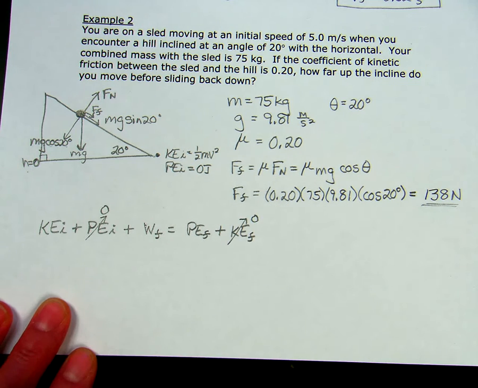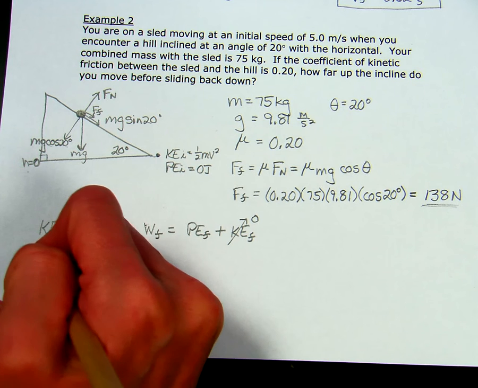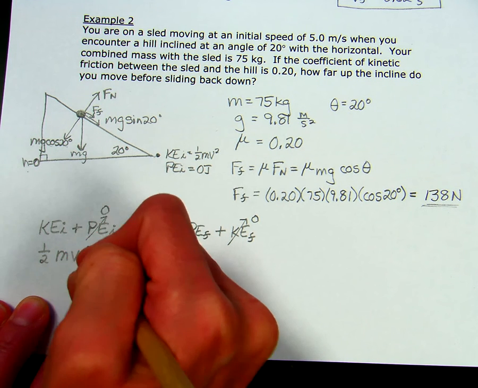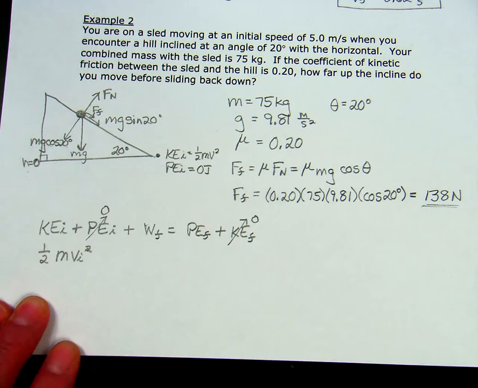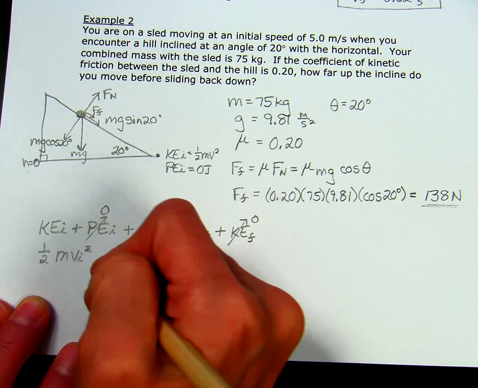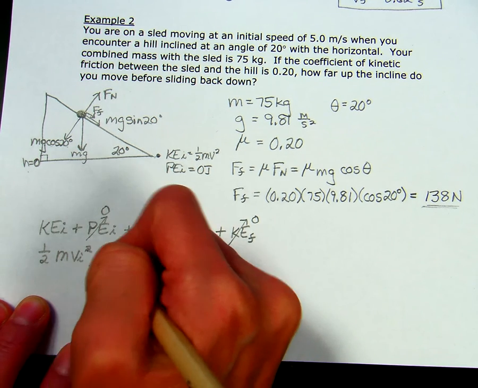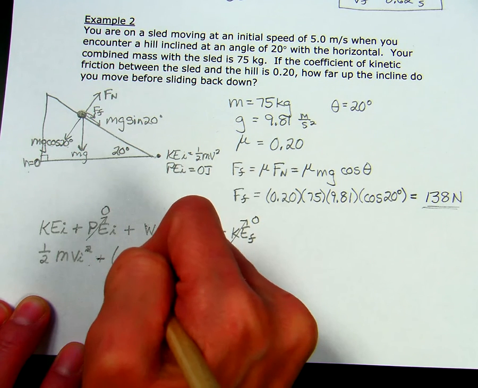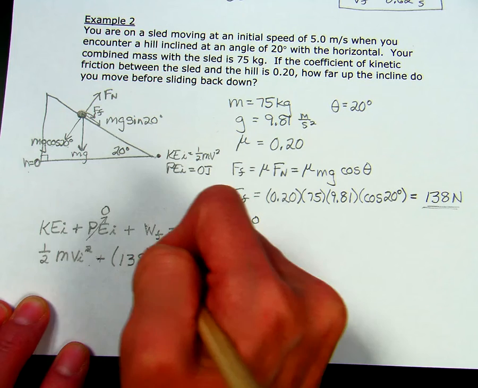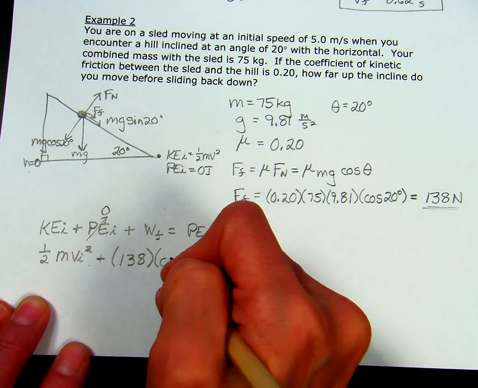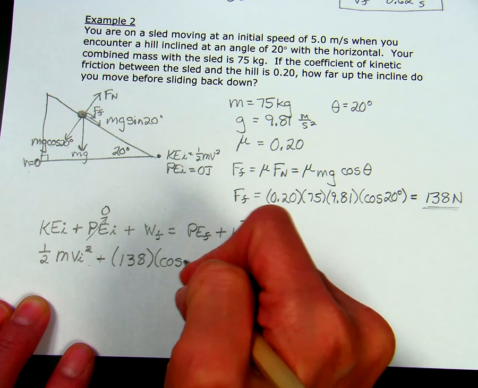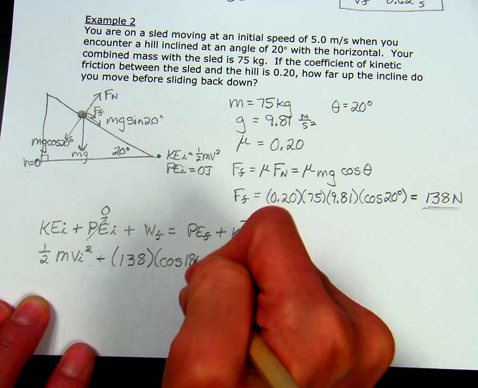Okay. So my initial kinetic energy is 1/2 mVi squared. The work I'm doing due to friction: I found my frictional force to be 138 newtons. Now the angle between the displacement and the friction, again, displacement is going up, friction is downward, that's 180 degrees.